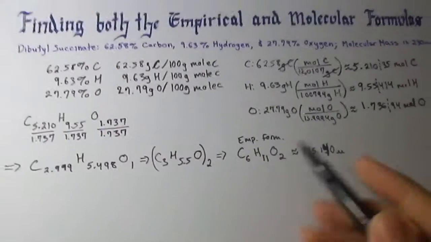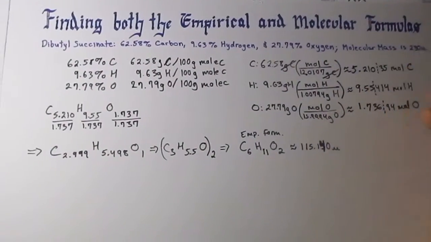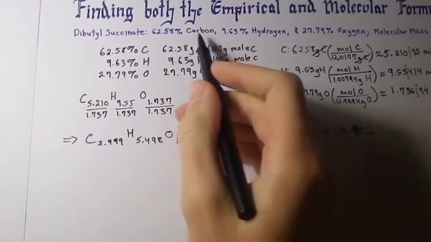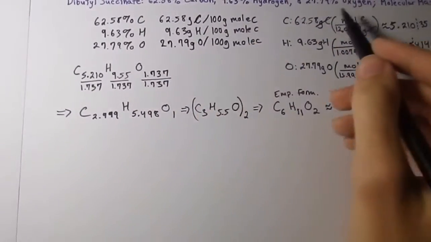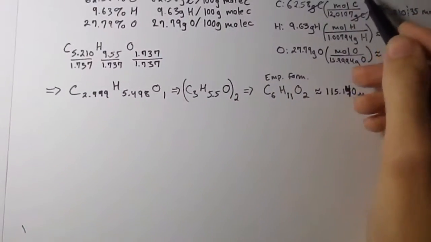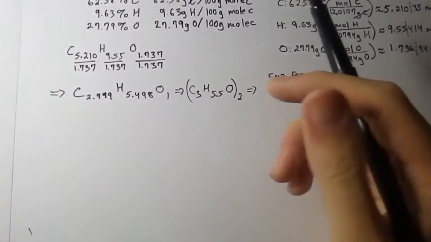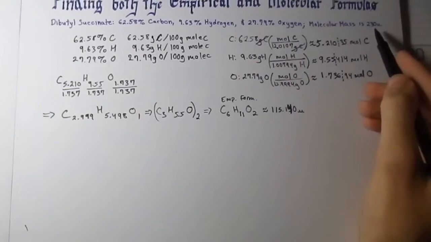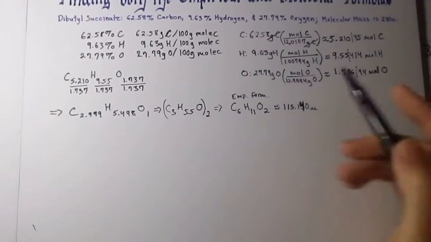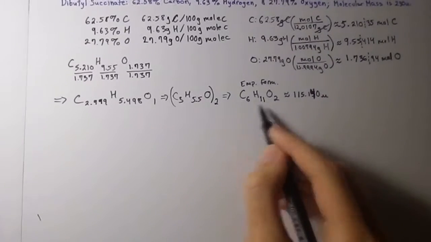Now, is this the right formula? Well, you go to the original molecular mass. So again, you have diethyl succinate, you know the percent composition of each of the 3 atoms involved, carbon, hydrogen, and oxygen, and you were able to weigh out the molecular mass as being 230 u.